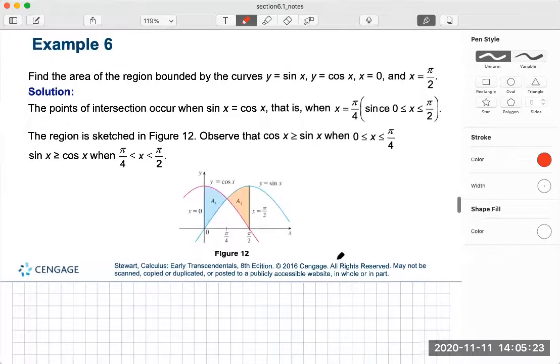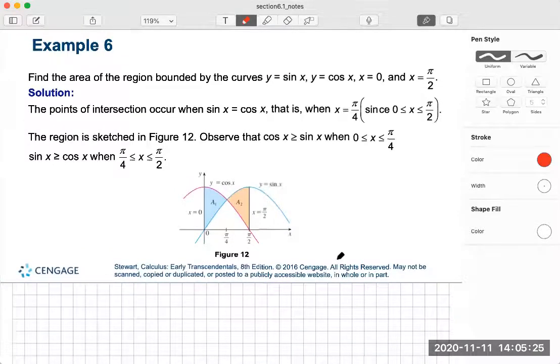So this is a second example. Okay. Find the area of the region bounded by the curves y is equal to sine x and y is equal to cosine x here.